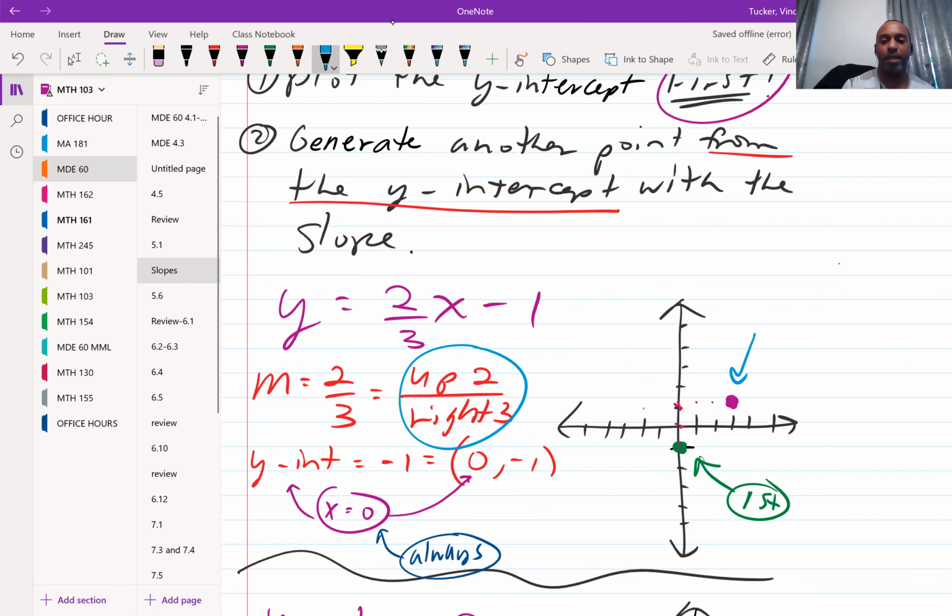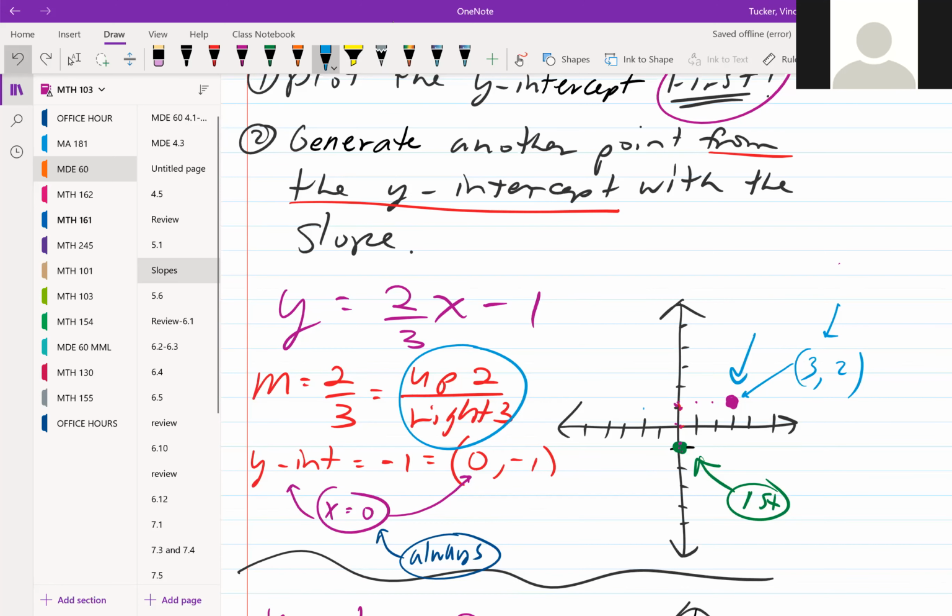If you look at this ordered pair, that is (3, 2), and there's no correlation between that. It just so happened to be a coincidence that that's (3, 2) and this is 2/3. That will not always be the case.